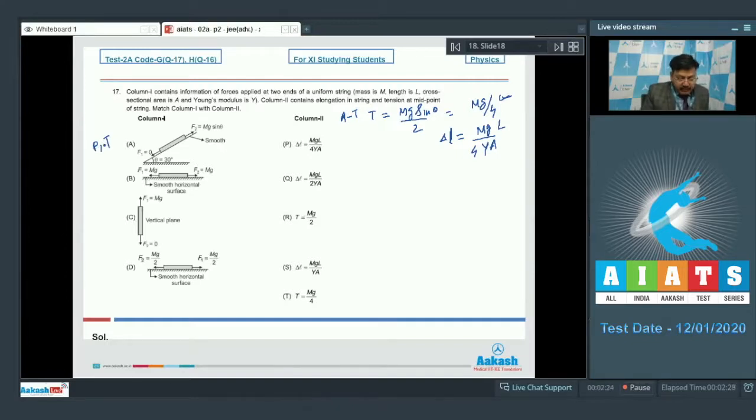Let's look at B now. We can see that the forces are mg on both ends in opposite directions, so tension will be the same throughout, and that is equal to mg.